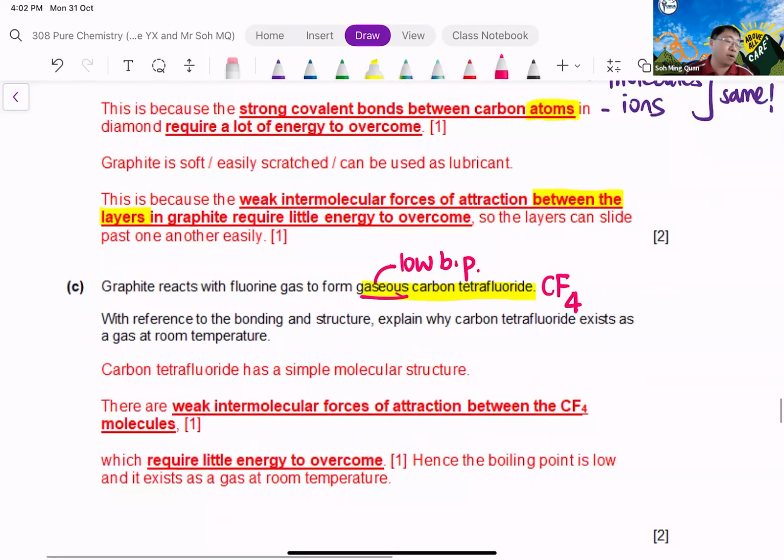So there are weak intermolecular forces of attraction between the CF4 molecules, which require little energy to overcome, hence the boiling point is low. So you can see that it's all about bonding, this question. Okay, and the success lies on you understanding the content well.